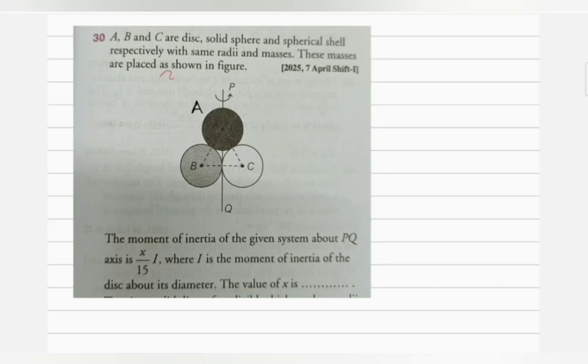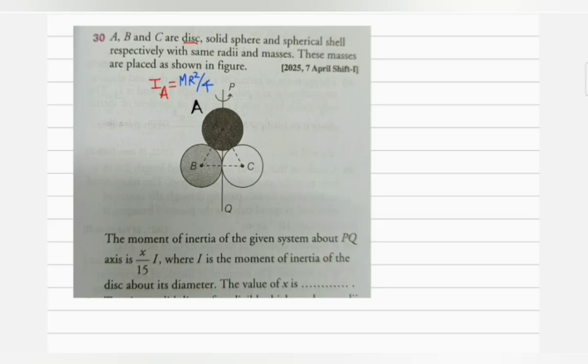So for A, the moment of inertia will be, I take it as a disk, but which axis? Passing through the diameter, or you can say along the diameter of the disk. Just check the diagram once again, PQ is the overall axis of rotation of the entire system. So for disk A, the axis of rotation is along the diameter. What will the formula be? It will be mr²/4. All of you know this at this level. For the central axis it would be mr²/2, but this axis is along the diameter of the disk, which is mr²/4. Is that okay?